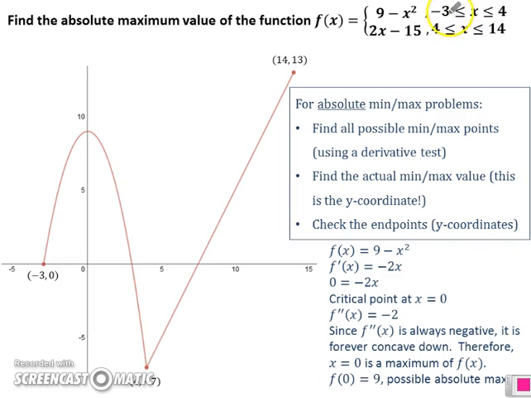So from -3 to 4, that's this parabola here. 9 minus x squared looks like this. It touches the y-axis at 9. This is at +3, and then you can just keep going. Plug in a 4 to figure out where this point is, and that tells you that the point there is -7. And then plot this graph.